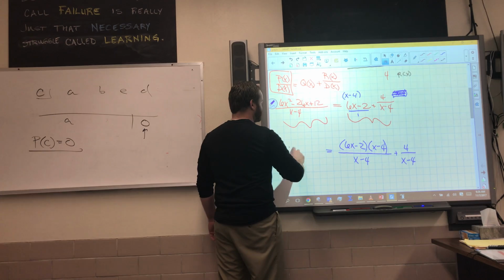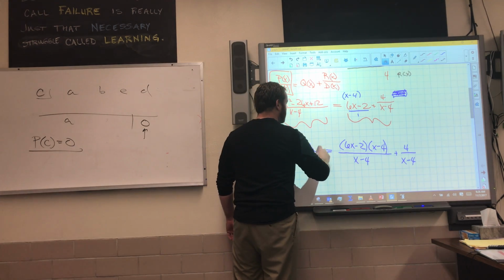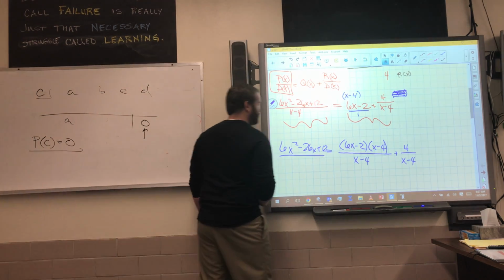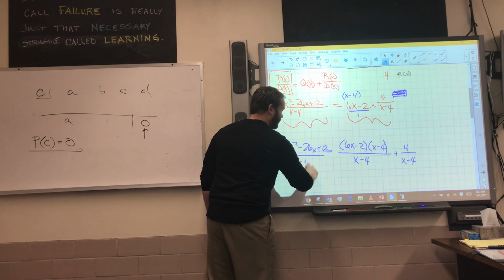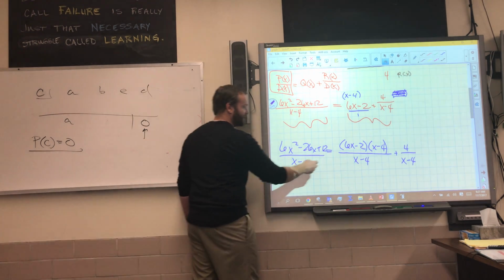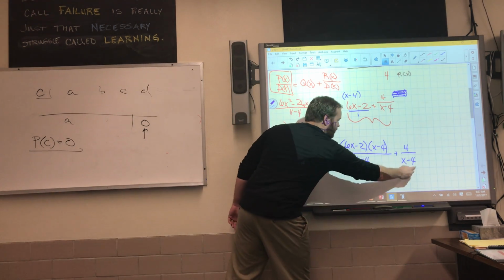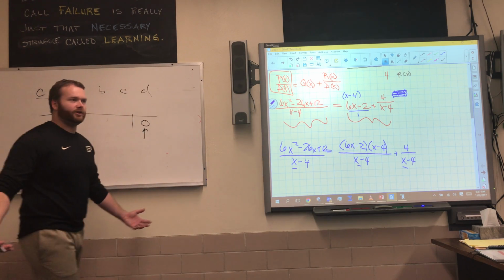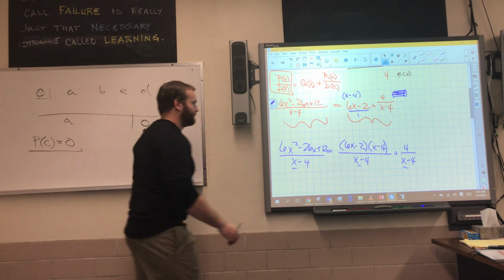Come over here. I had 6x squared minus 26x plus 12, and this was x minus 4, right? If this is an equation, and these denominators are all the same, what's that tell you about your numerators? They're the same.